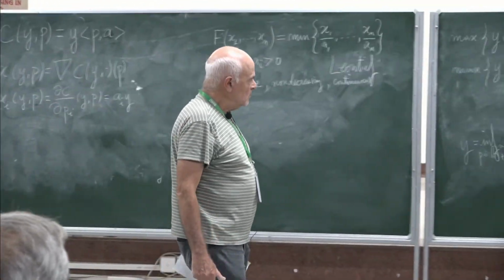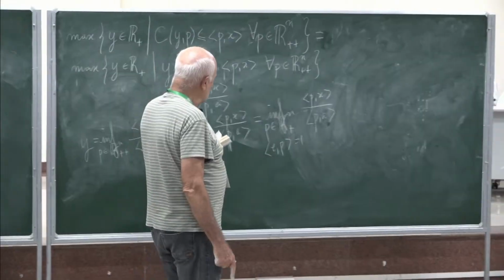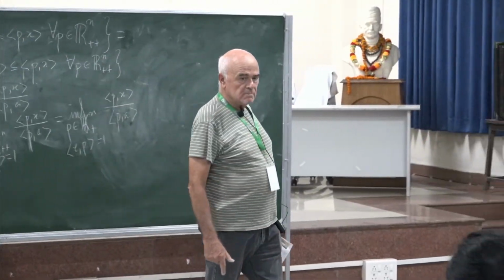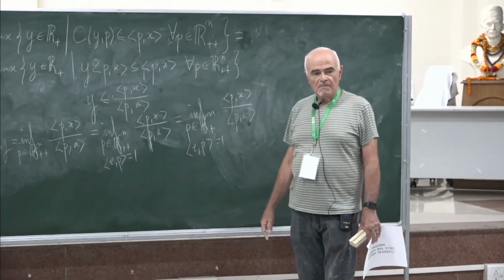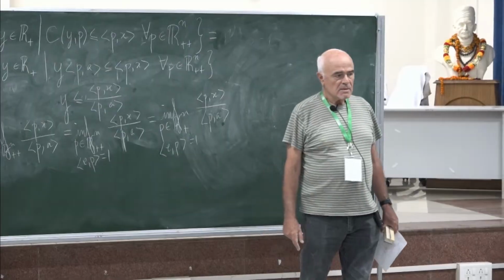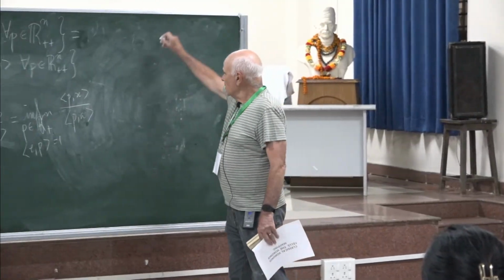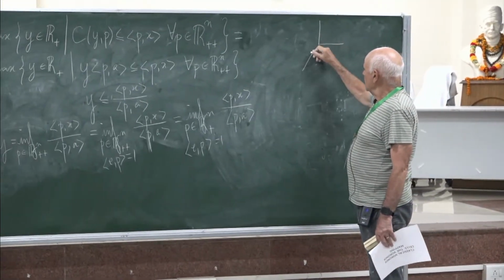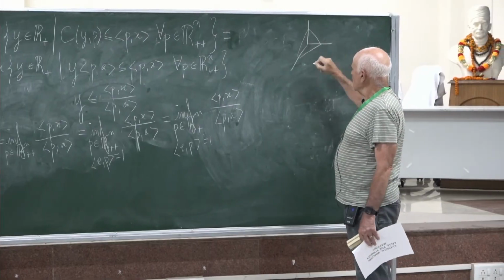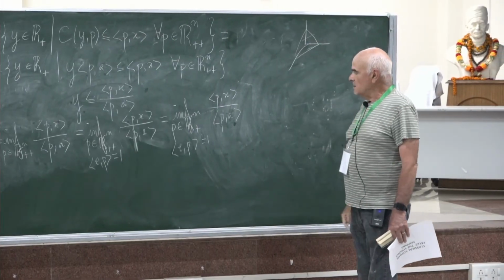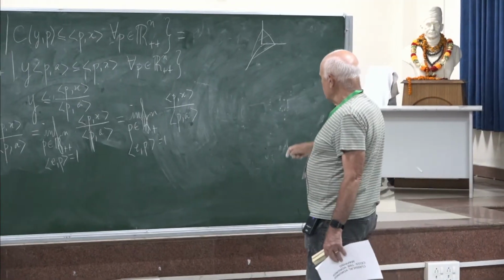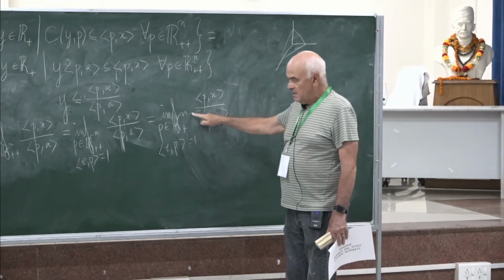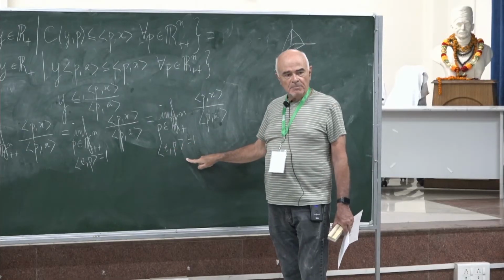Well, and now, how can you solve this problem, once you have formulated it like this? So we are minimizing on this triangle, because this is R plus n intersection this hyperplane.